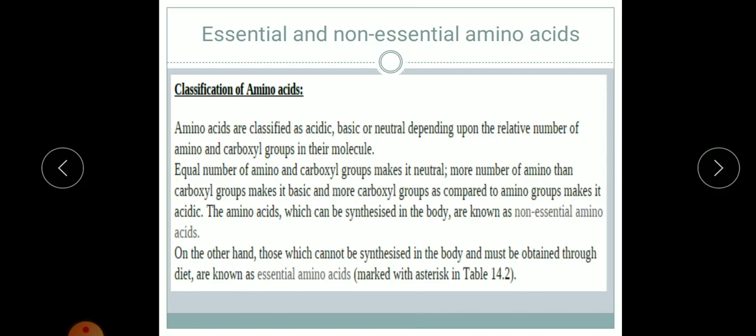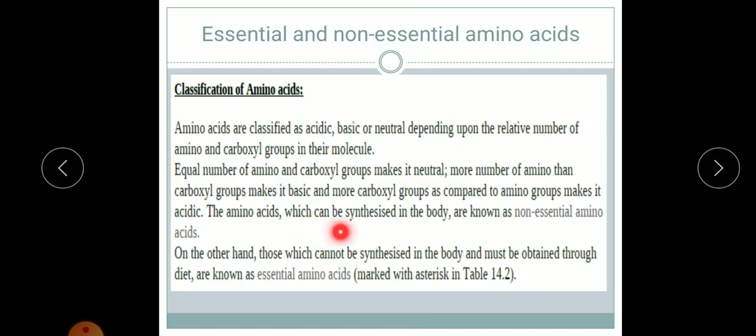And if the number of acid as well as base groups is equal, then it will be a neutral amino acid. So amino acids are classified as acidic, basic or neutral depending upon the relative number of amino and carboxyl groups in their molecule. Equal numbers make it neutral, more amino than carboxyl groups make it basic, and more carboxyl groups as compared to amino groups make it acidic.